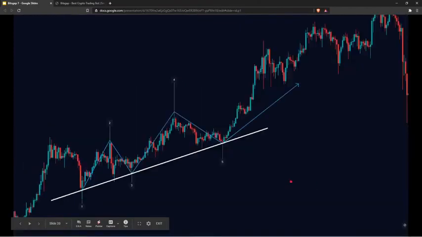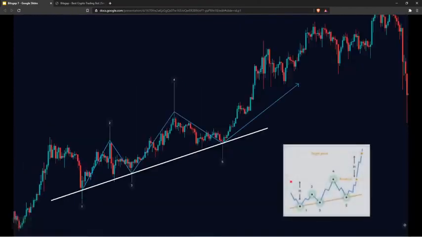Okay. Another configuration, 3 rising valleys. When you spot this formation, you can enter the market as well. And according to this pattern, you must enter at the breakout on the same level as the fourth point over here. So when you see the price breaches this price level, you can enter somewhere around this area.